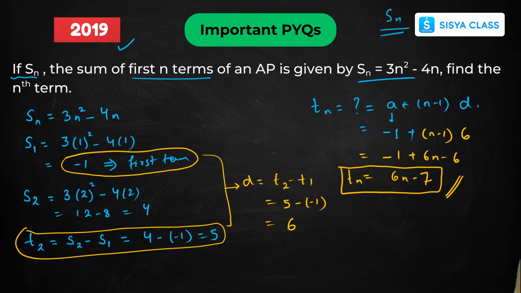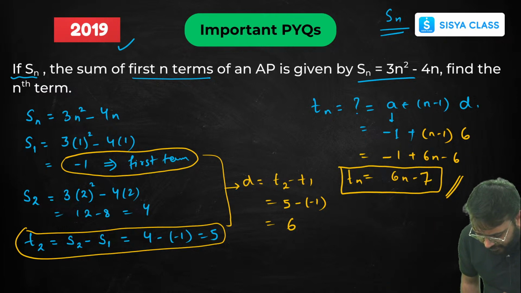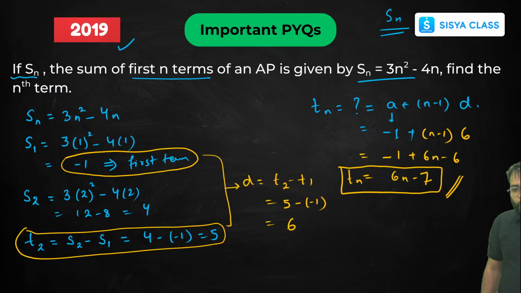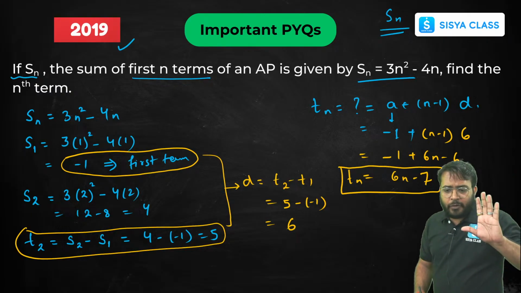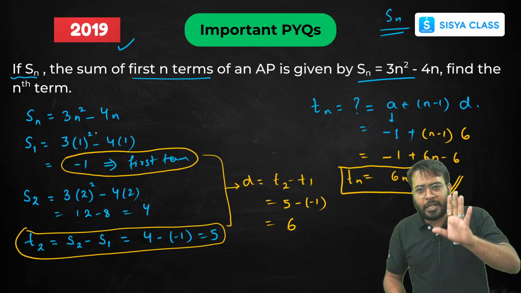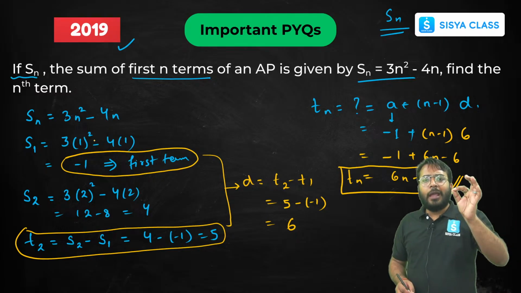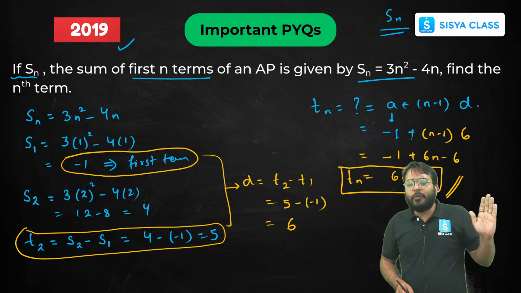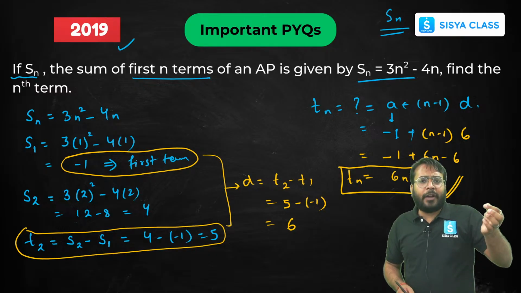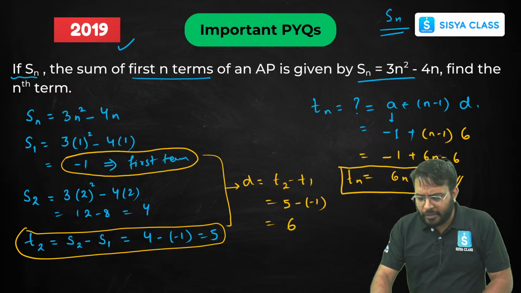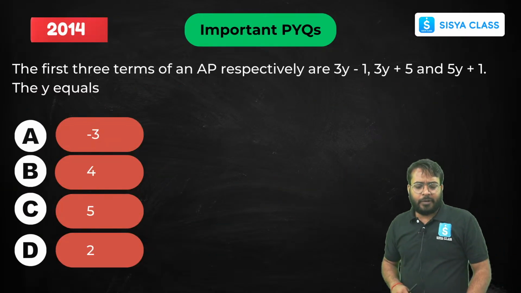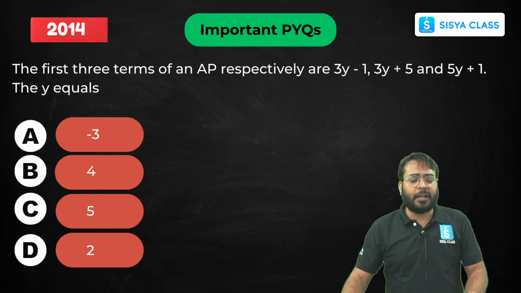Understood my point, everyone? Very easy. Whenever you are given an Sn equation, first of all you have to find out S1, S2 and then you will find out T2. Once you get T2, then find out the common difference, then everything you can analyze, whatever they are asking in the question.